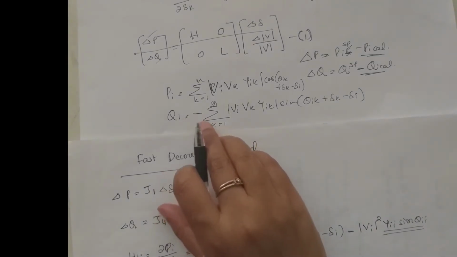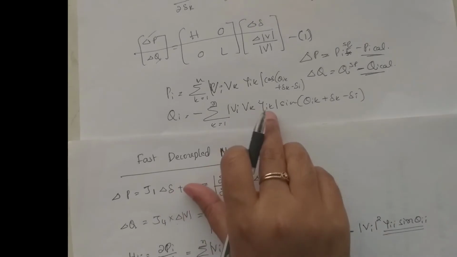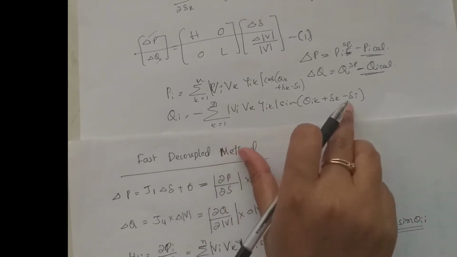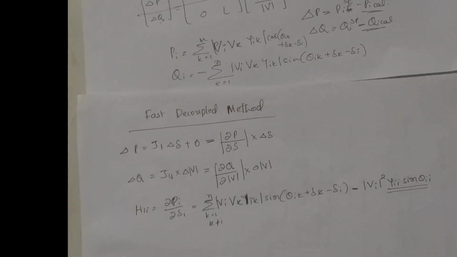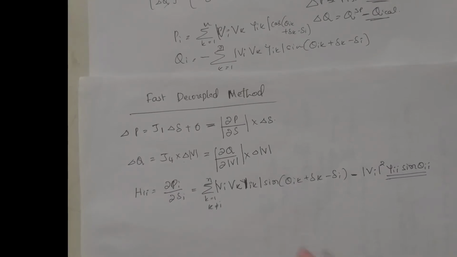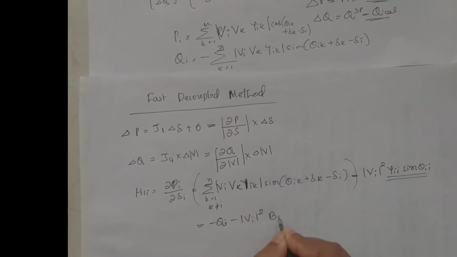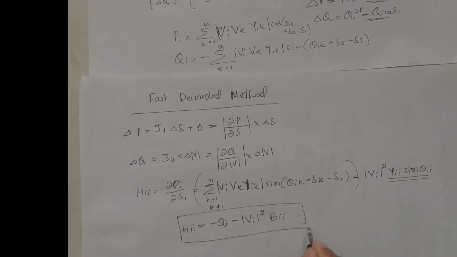Qi is equal to minus summation Vi Vk Yik sin of theta ik plus delta k minus delta I. Here this first part is equal to minus Qi, minus Vi square Bii. So Hii is equal to minus Qi minus Vi square Bii.